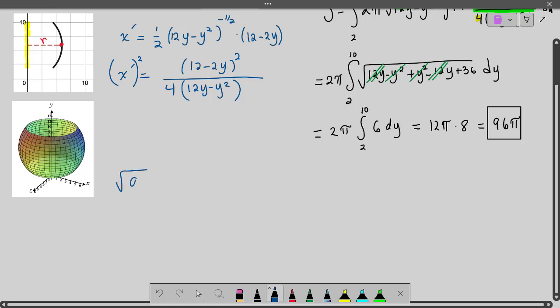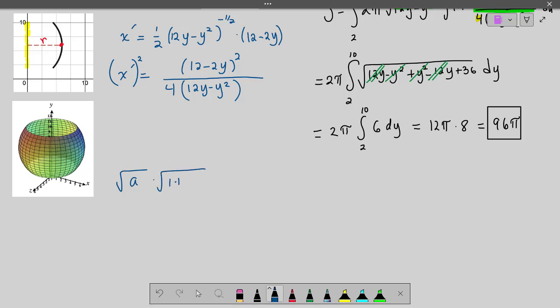So if we look at a much simpler scenario, let's suppose we have something like this. The idea is that the square root of a times the square root of 1 plus b turns into 1 square root where you take the inside here and you multiply it to the inside of the second one. And so it's not that there's a square root that's disappearing, it's that the 2 square roots are combining into 1.